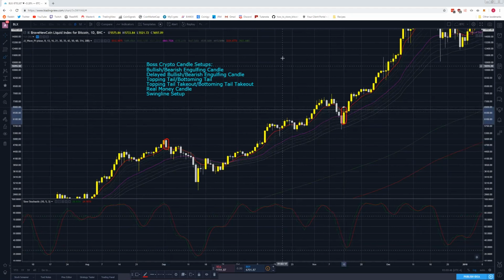An engulfing candle, basically, for the bullish side, if you have a red downward candle here, a bullish engulfing is where the close of an up candle will be above the open of the previous down candle, right?